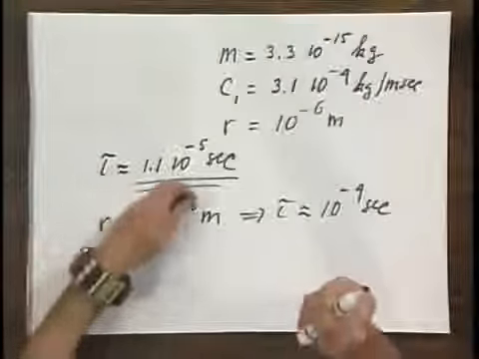Now comes the $64 question. How long will it take now for this oil drop to reach the terminal velocity? Well, that comes down to the evaluation of the time-dependent term in the velocity.